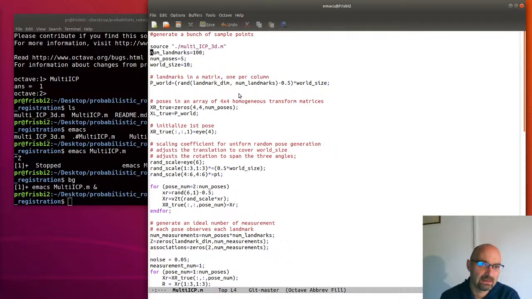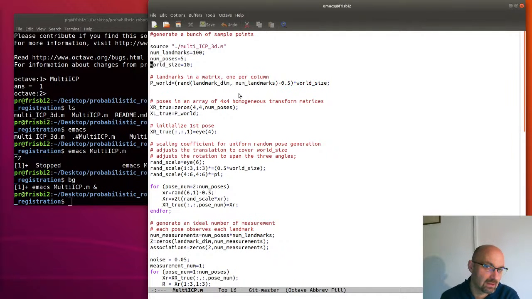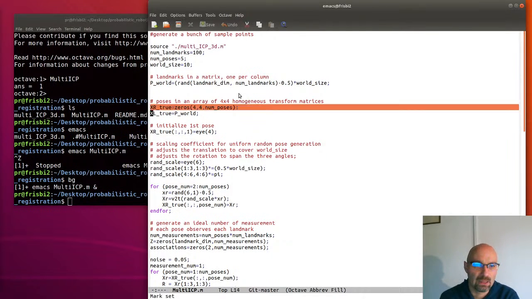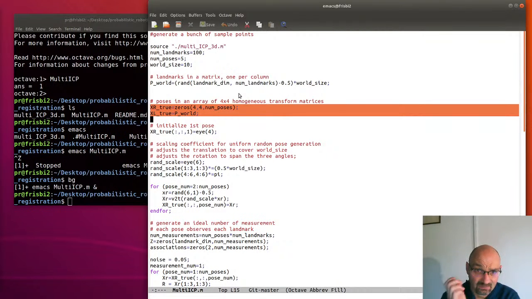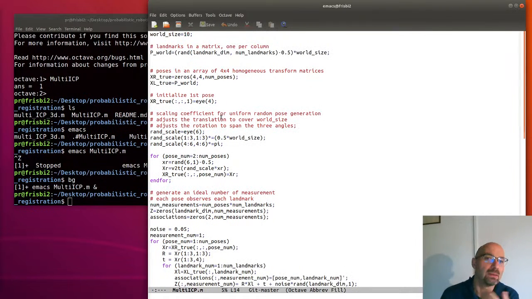Generation of the data set: we set 100 landmarks, 5 robot positions, a world size of 10. We generate a certain number of landmarks in the world, in particular 100. We treat the positions coherently with the definition as an array of 4 by 4 homogeneous transforms, and we populate the landmarks with the points in the world, because later on we will be modifying them.